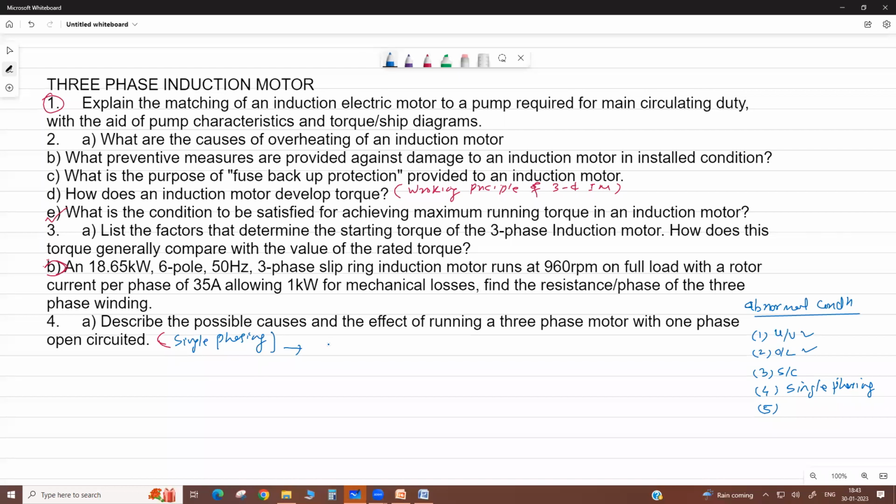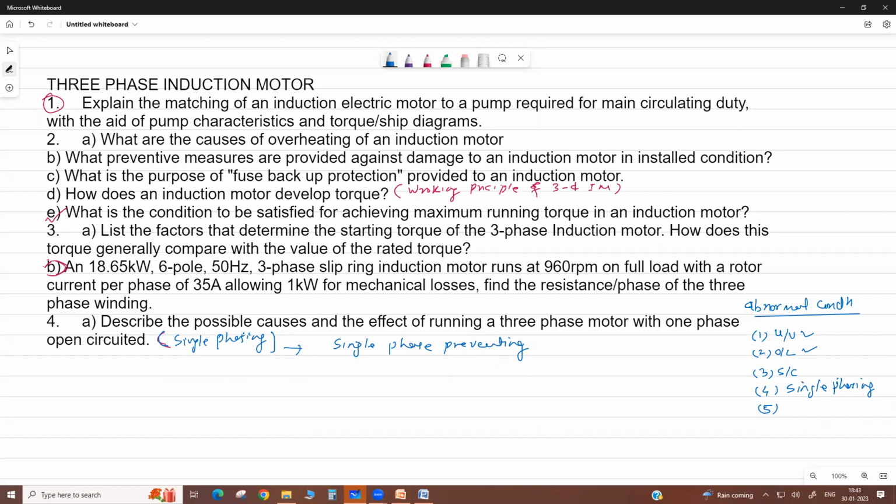Generally, we provide a single phase preventer or single phasing relay, which protects the motor from running continuously on two phases. So the motor will trip if it operates on single phasing.